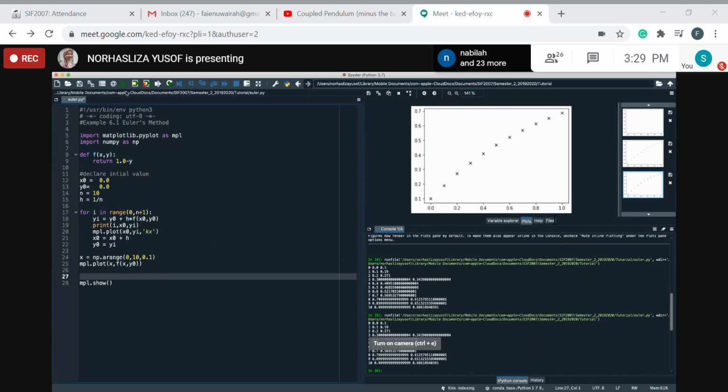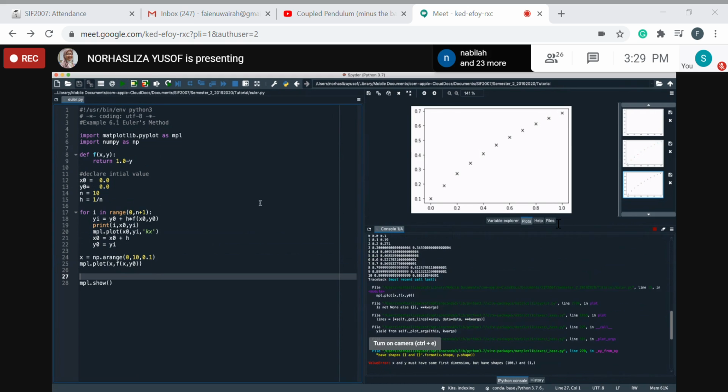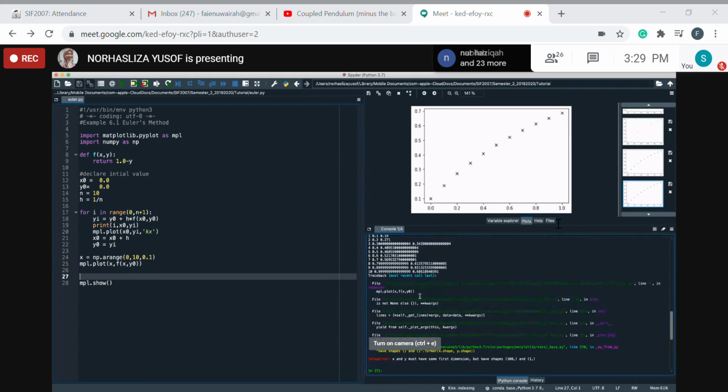When you run this, it will complain. Why? Because the shape is not the same. I think it is because of the range of your f(x) and y naught. So how do we solve this?